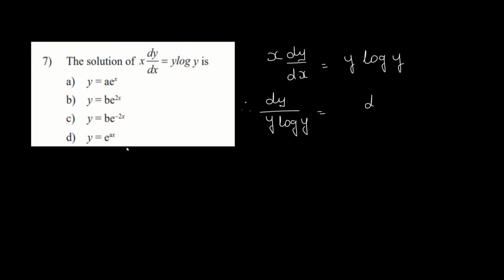So the solution of x dy by dx is equal to y log y. The answer for this is what we have to find out. So over here now, what we do is again we separate out the variables. So we are going to get dy upon y log y, along with dy we write the y terms, is equal to dx upon x, as the dx goes to the RHS.